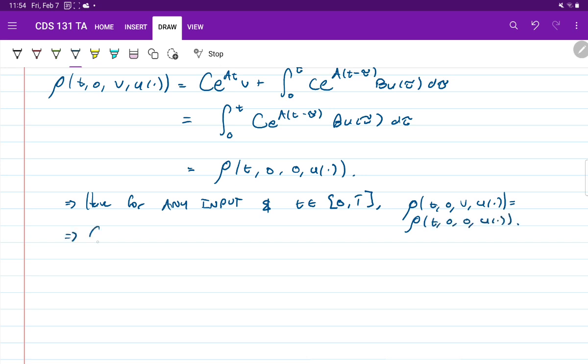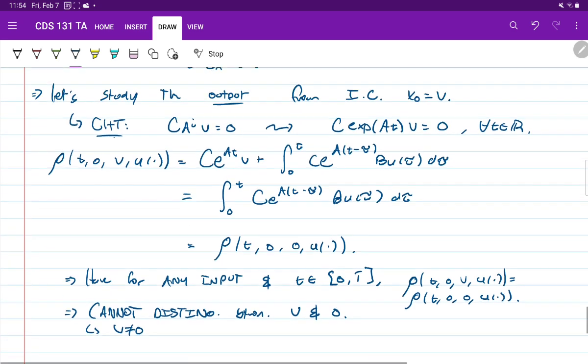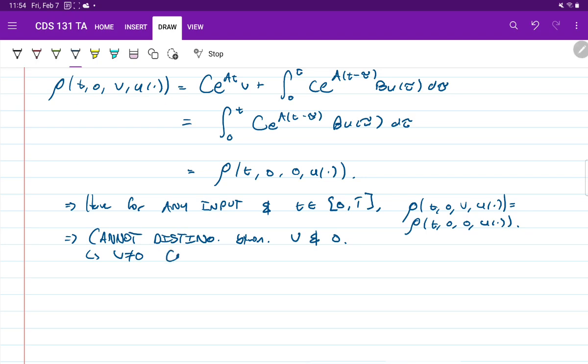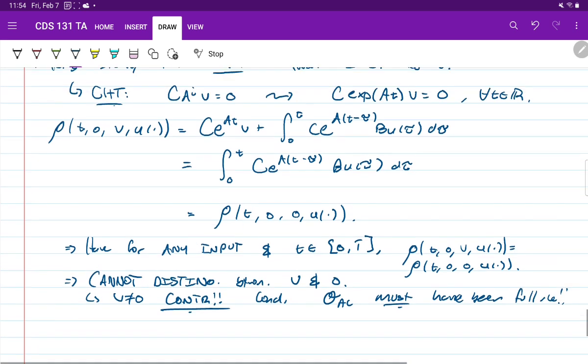So this means we cannot distinguish between v and 0 as our initial conditions. And since we assumed v is non-zero, since we used it to get a contradiction with full rank, what this means is that we now have a contradiction. So then we conclude OAC must have been full rank. All right, fantastic.